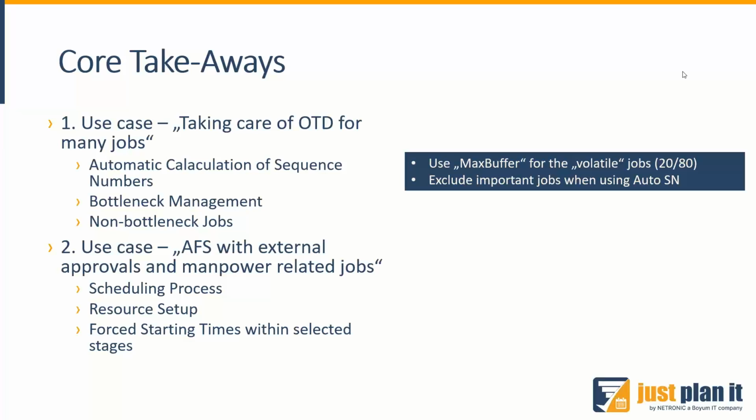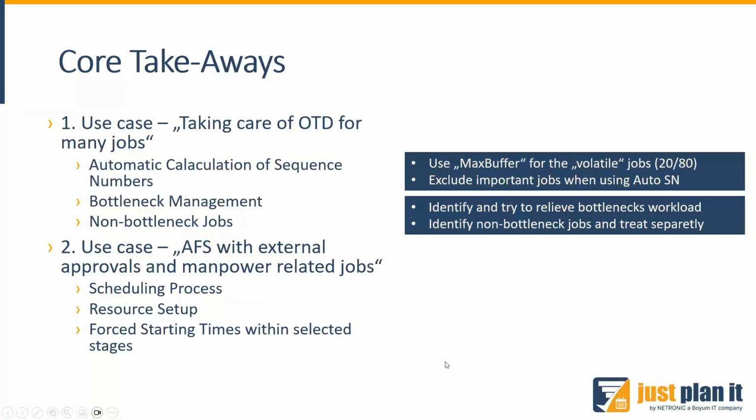Second, always good to do is trying to get an understanding of what limits your throughput, spot bottlenecks regularly. If you have got a really dominant bottleneck, then try to evaluate any options of reducing the workload of that particular bottleneck, either with not as productive internal resources or by outsourcing.